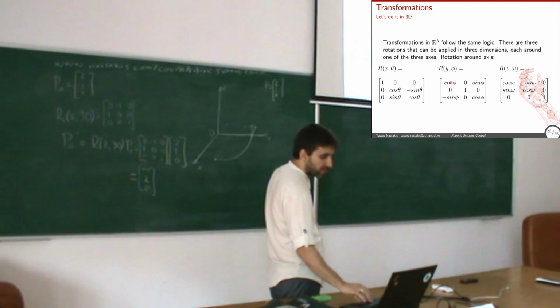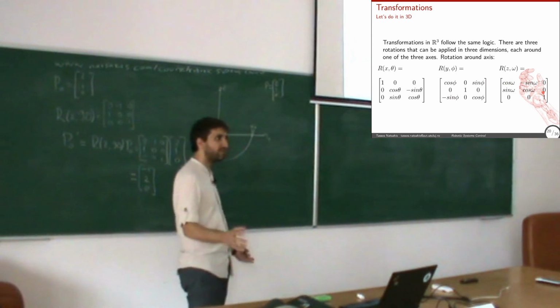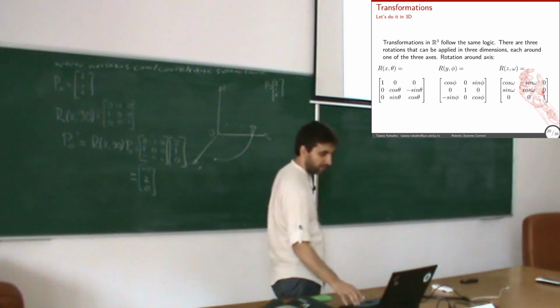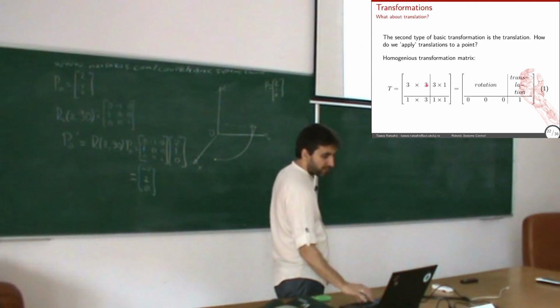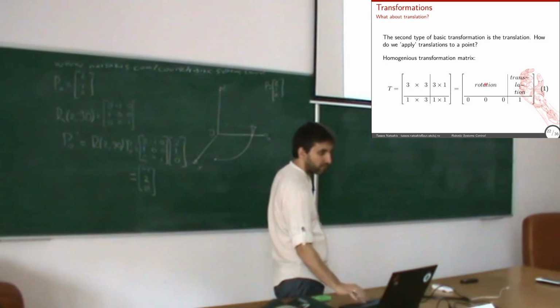If phi is 0, this will be again the identity, right? And if omega is 0, this will be again the identity. And it makes sense. If I don't have any rotation around x, it is the same as if I didn't have any rotation around z as well. So if this part is the rotation and we have no rotation, then this part will be the identity matrix.